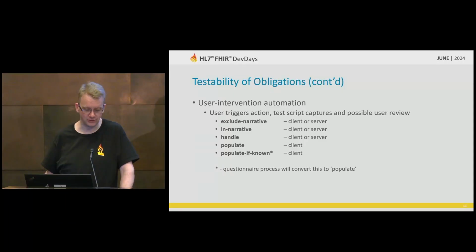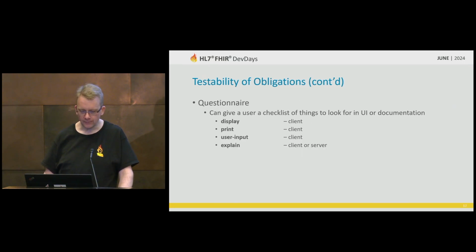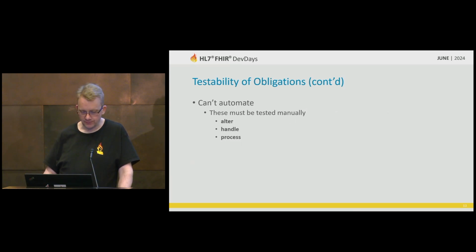There are other obligations like handle, where the behavior is intrinsically left to narrative, and you really do need a human being to evaluate, commonly used in things like decision support processing, where handle means something different based on what your algorithm is. So we've got some of those.